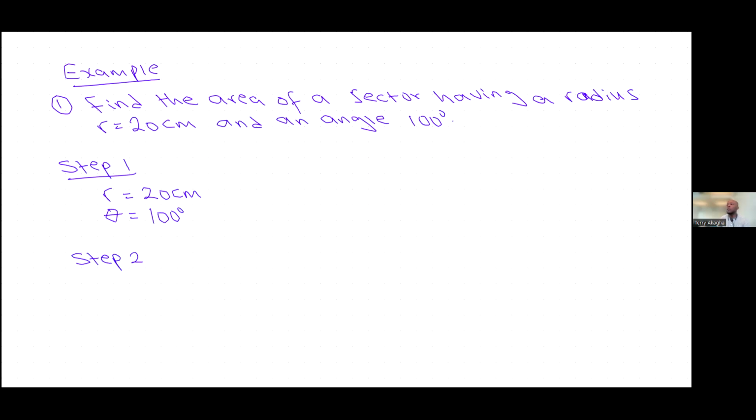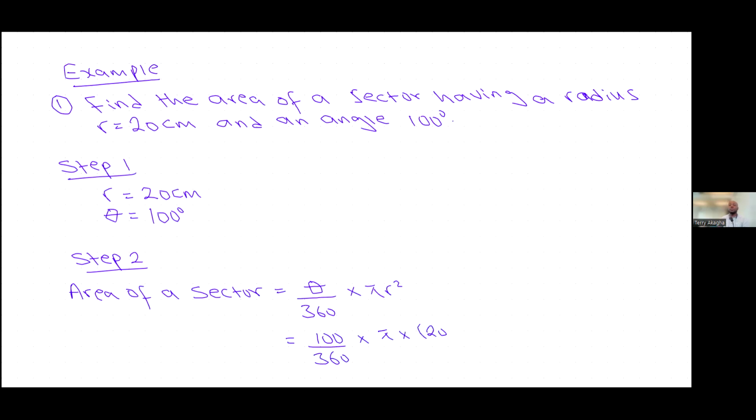Now step two, we need to find the area of the sector. We know the formula for the area of a sector is theta over 360 times pi r squared. That gives us theta is 100 divided by 360 multiplied by pi multiplied by the radius, 20, all squared.